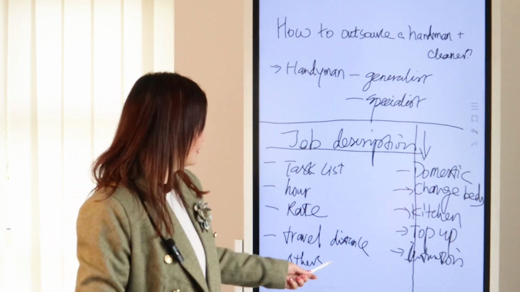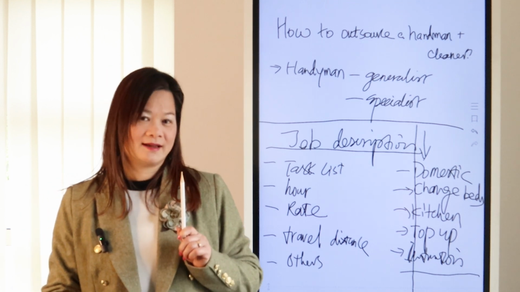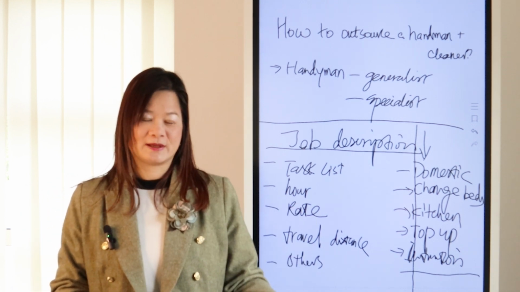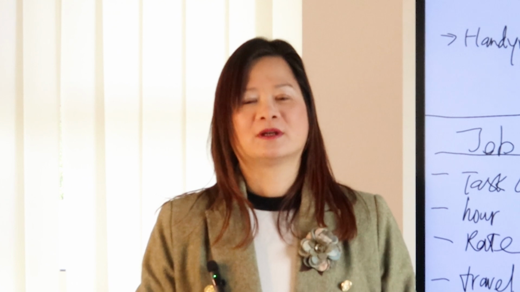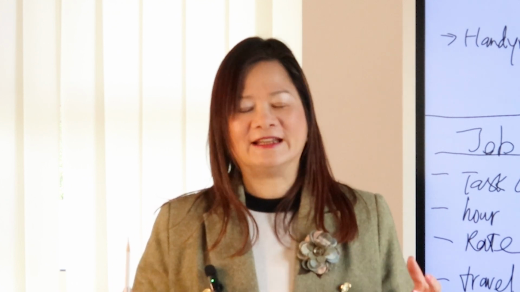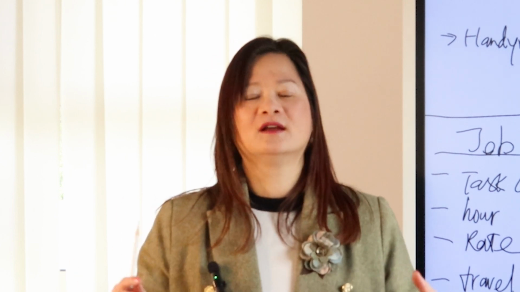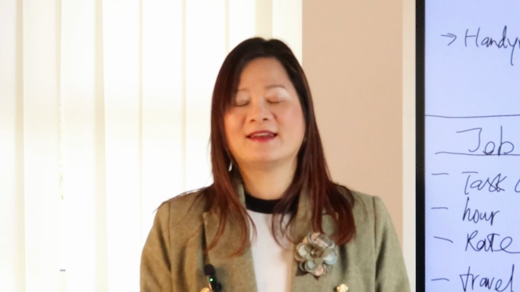So you want somebody with an eye for detail, basically, because they might not be able to do the job well if all they do is clean their oven really well but are not able to spot anything else.